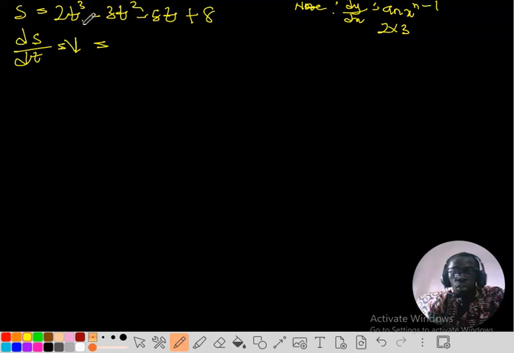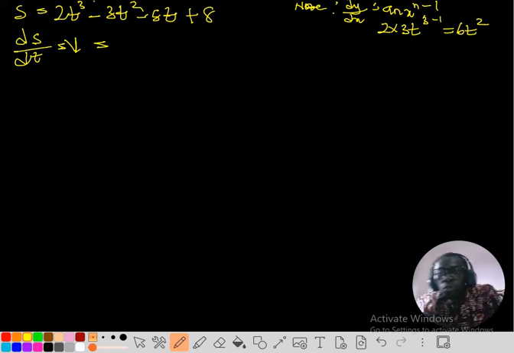Now x here, replace it with t, then power is 3 minus 1. So 2 times 3 will give 6, then you have t, 3 minus 1 gives you 2. Or better still, you can just say the coefficient multiplied by the power, which is 2 times 3, gives 6, then subtract 1 from the power, so t raised to power 2.